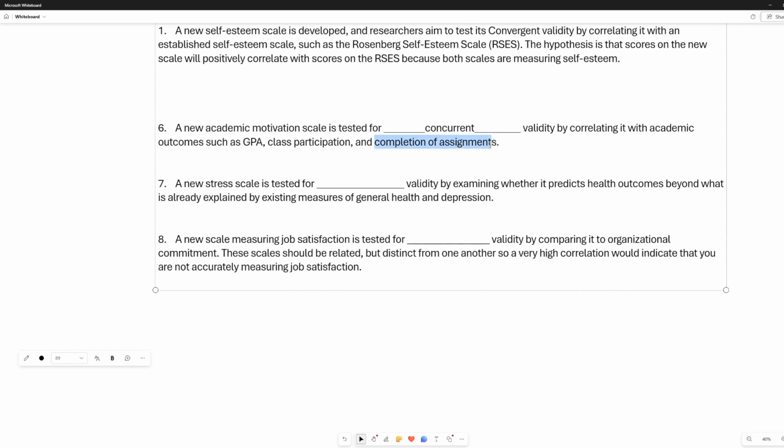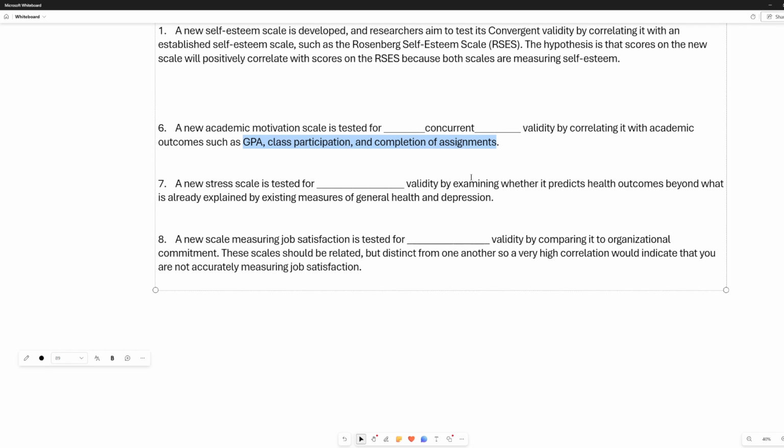And we can measure how likely they are to complete assignments on time. Now, it is self-report. There are limitations to that, but we could probably run this all at the same time, in which case this would be concurrent validity, because we're asking, does our new scale predict these outcomes? And we're measuring everything all at the same time. So it's the concurrent portion of criterion validity.